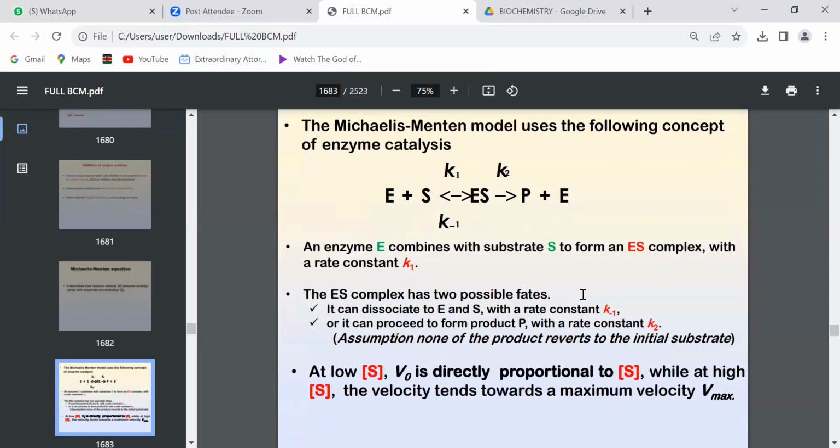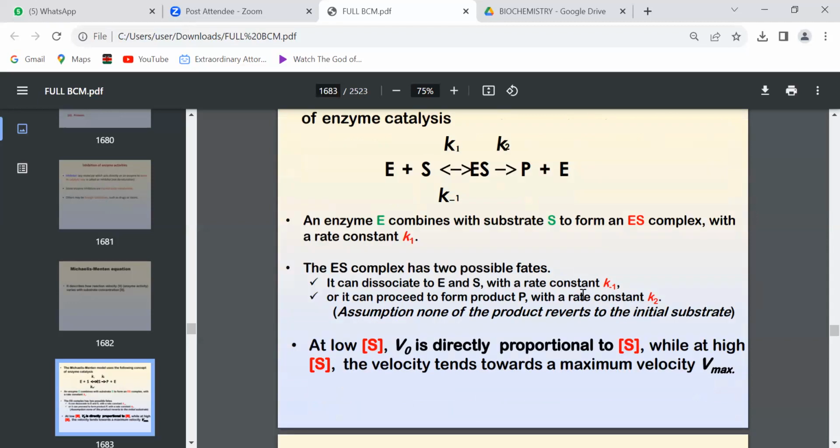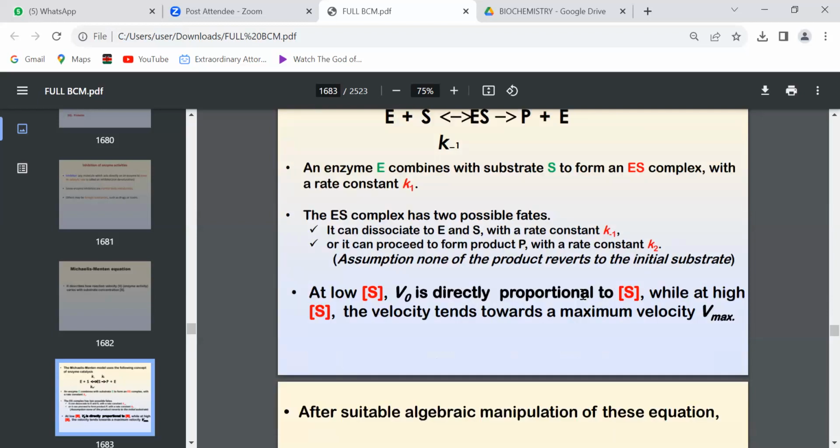So at low substrate concentration, the reaction rate is directly proportional to the substrate concentration. As you increase the substrate concentration, the reaction rate increases until it reaches a maximum velocity, Vmax, where even if you add more of the substrate, the reaction rate does not increase any further.